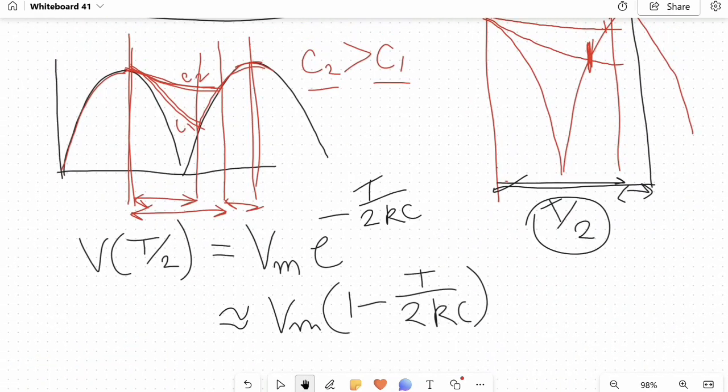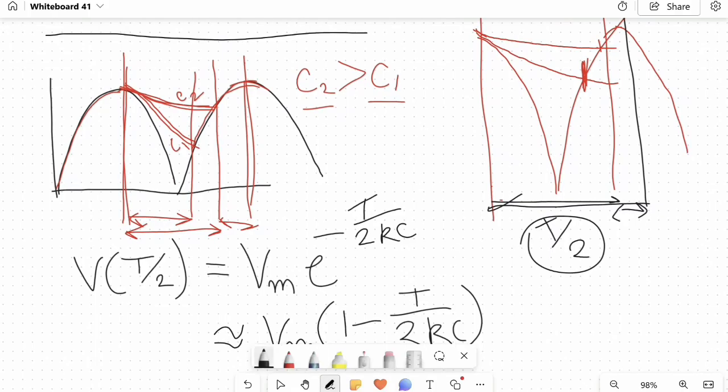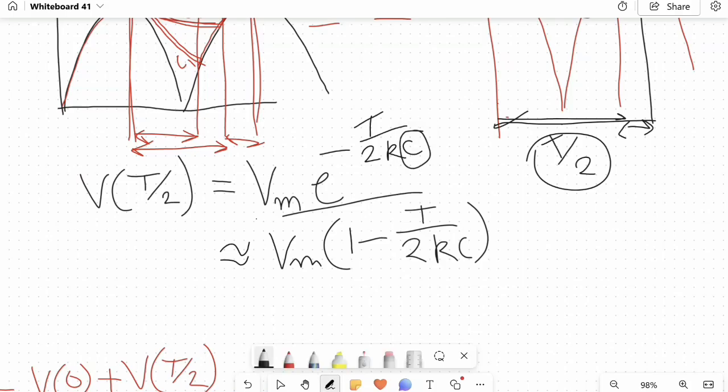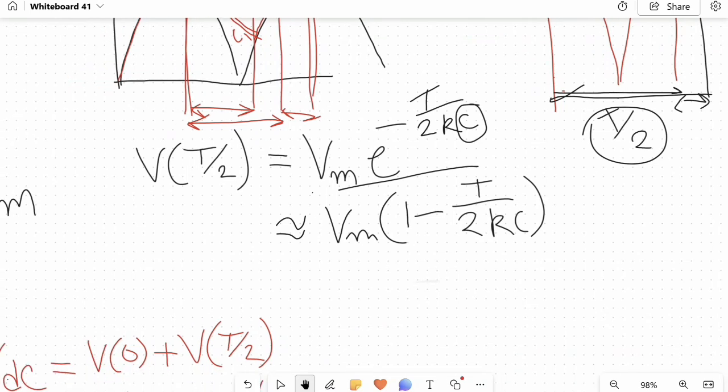By placing T by 2 over here, we find the lowest voltage is V at T by 2, which is Vm e to the power minus T by 2RC. Now, since we have made the capacitor much larger, RC is large, so we can make a Taylor approximation and find this linear equation: V is equal to Vm times (1 minus T by 2RC).